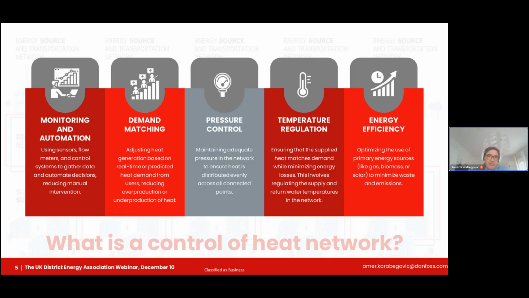So you can see here the 5 main topics and parts of the control of a network. We are talking about monitoring and automation, demand matching, pressure control, temperature regulation, energy efficiency. In the previous presentations, we could hear about each of them.